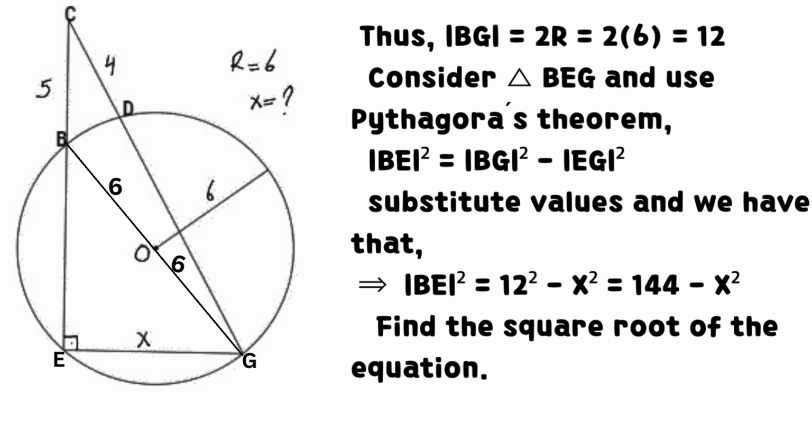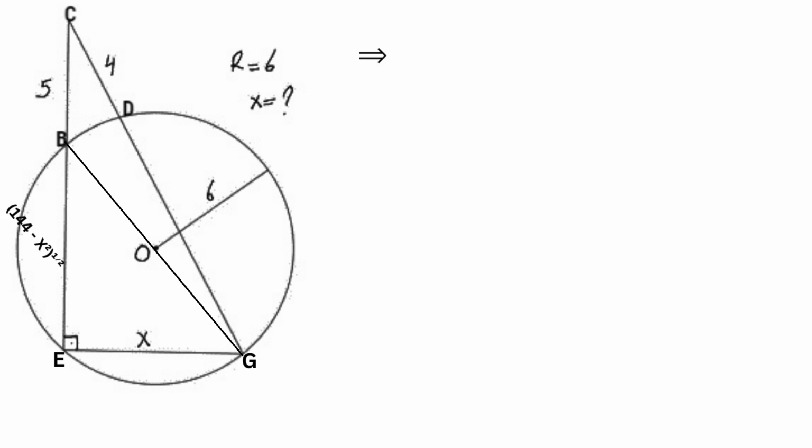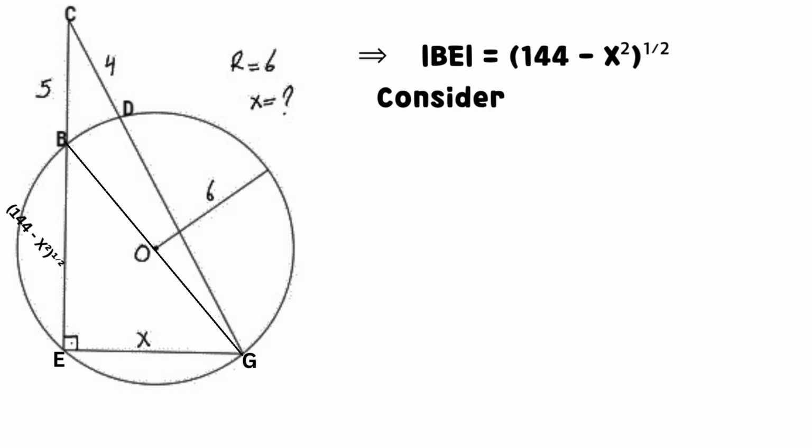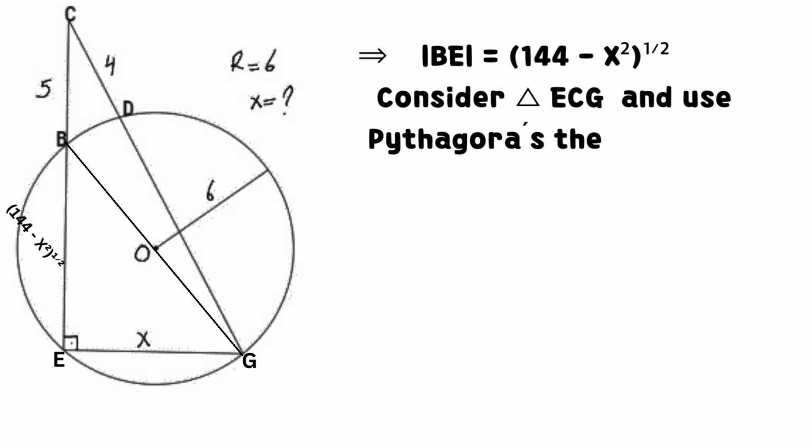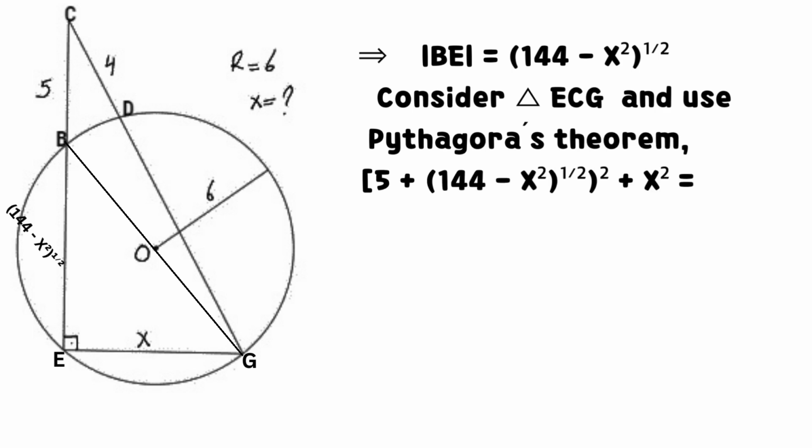Find the square root of the equation. It means that line BE equals the square root of 144 minus the square of x.